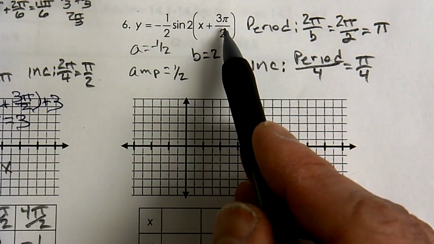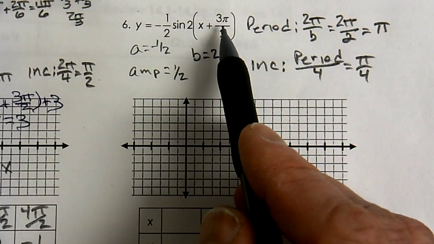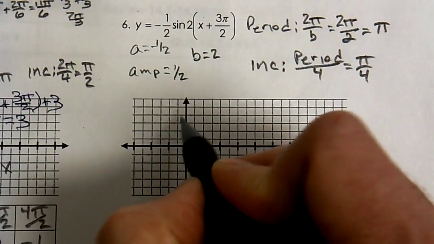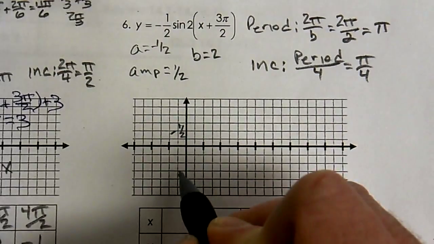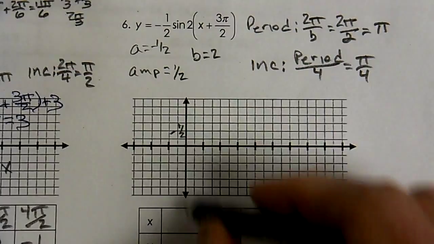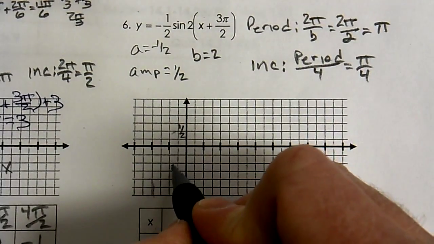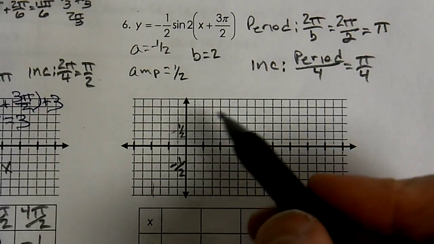Looks like there's a translation horizontally, but no translation vertically. So I'm going to stretch it out a little bit, call that our positive half, and our negative half is here.